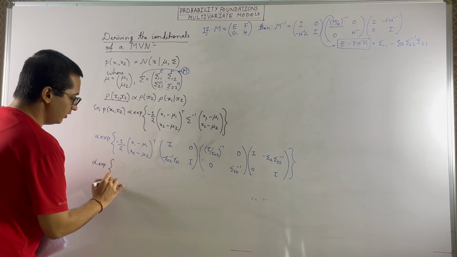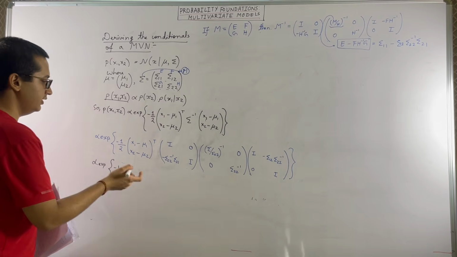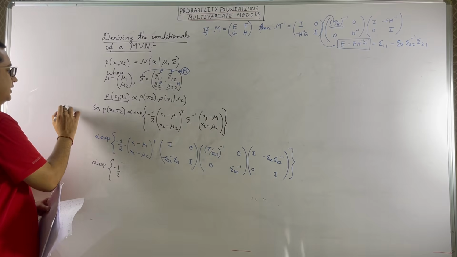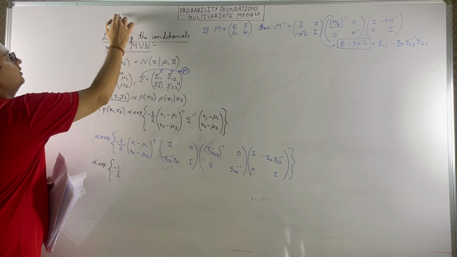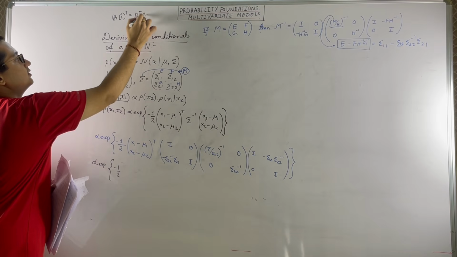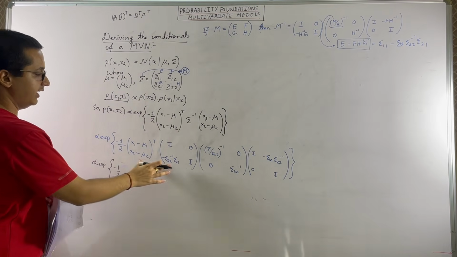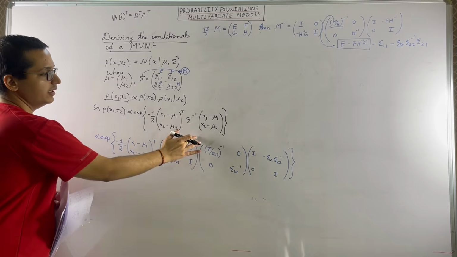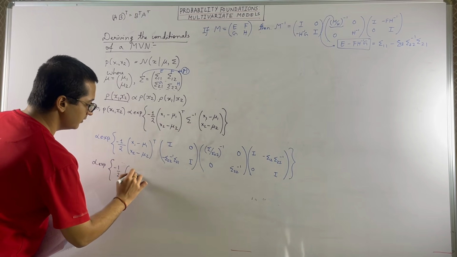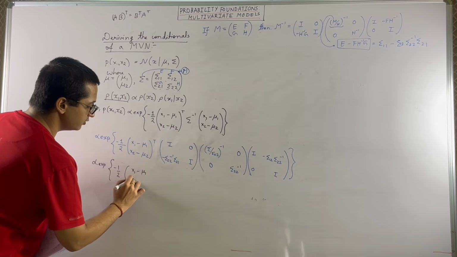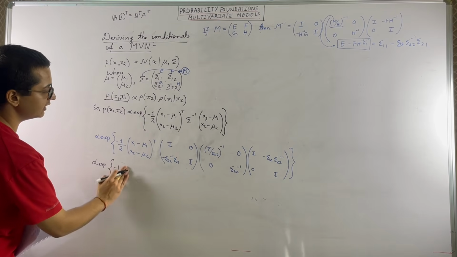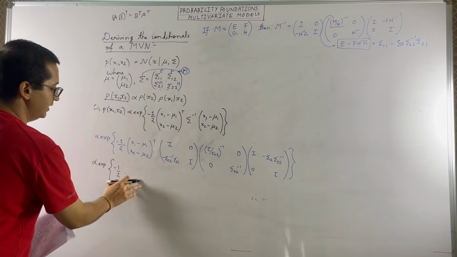So exponential of minus half. Try to recall the fact that AB transpose was B transpose A transpose. So I try to take this thing whole under a transpose. So x1 minus mu1, x2 minus mu2 will come to the right side. Think of this as some A, think of this as some B.